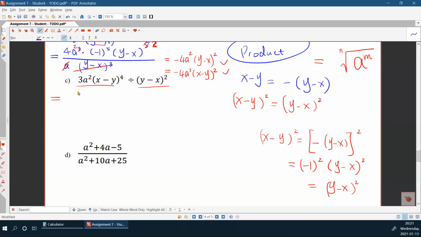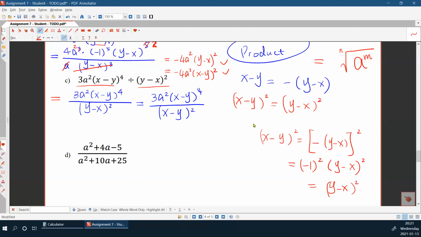First of all, let's rewrite the expression in a ratio form, which is (y minus x) to the second power. As we said, the difference of y and x to the second power is actually (x minus y) to the second power, right?